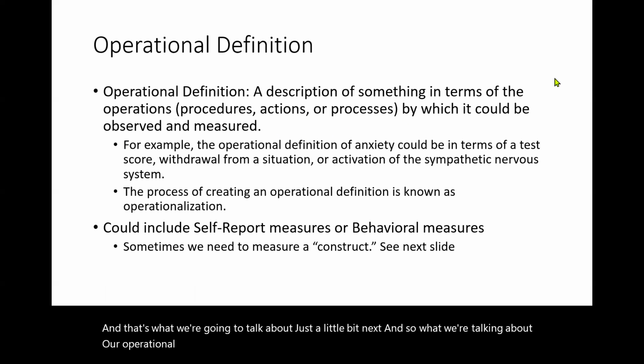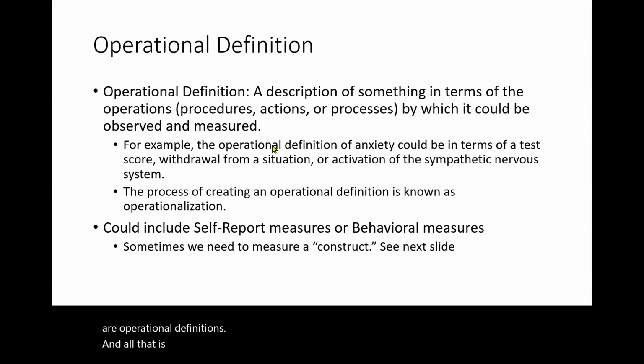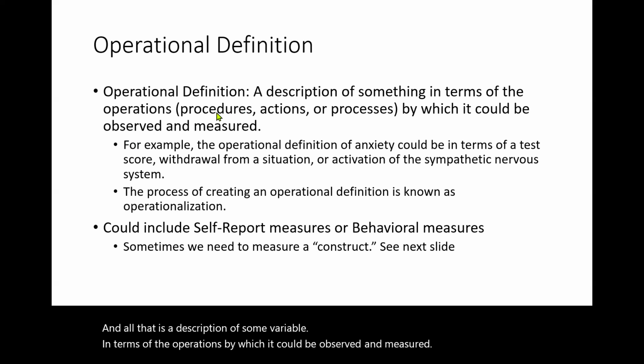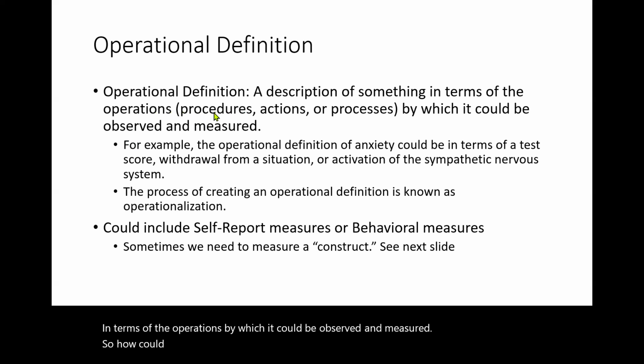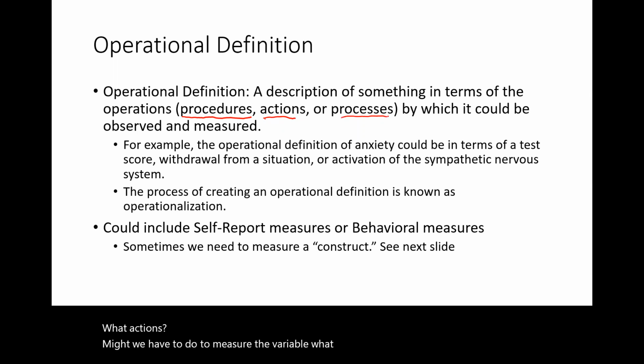And all that is a description of some variable in terms of the operations by which it could be observed and measured. So how could we observe and measure it? What procedure might we use to measure the variable? What actions might we have to do to measure the variable? What process is going to be in place? What are we going to be measuring?